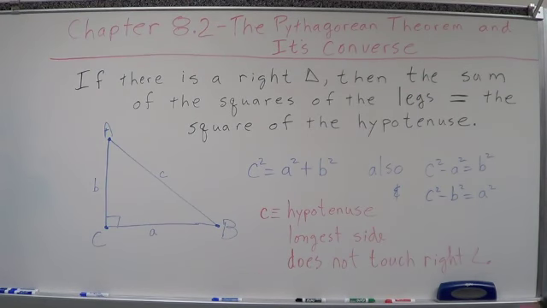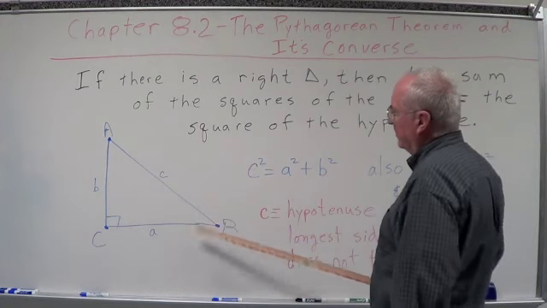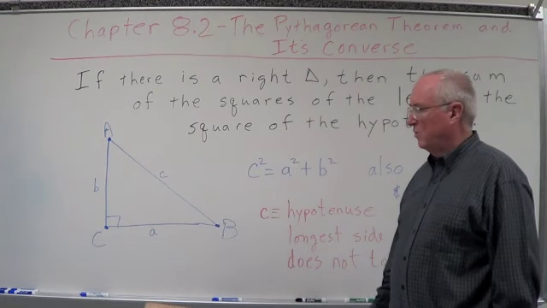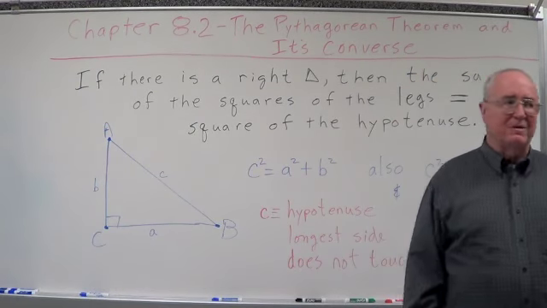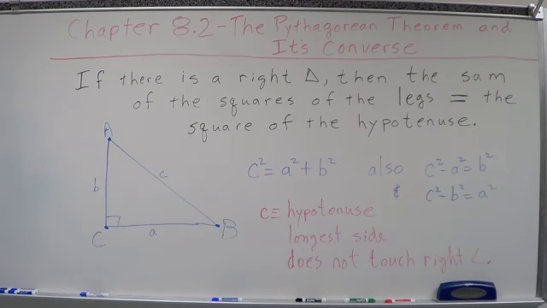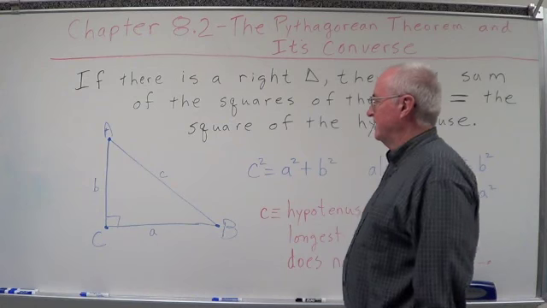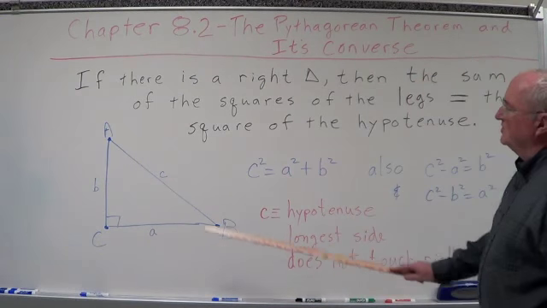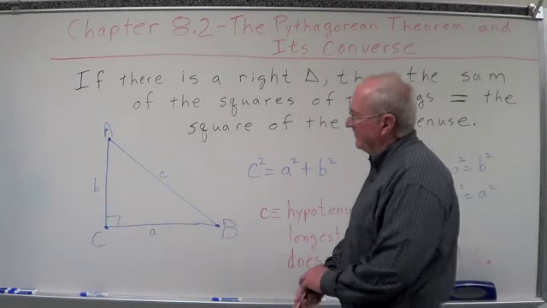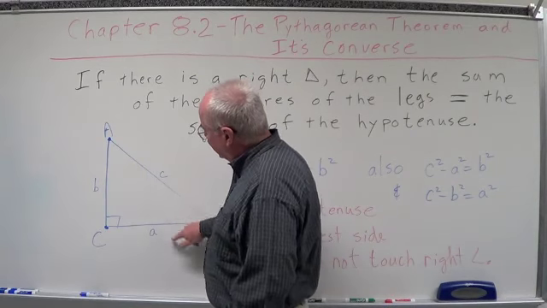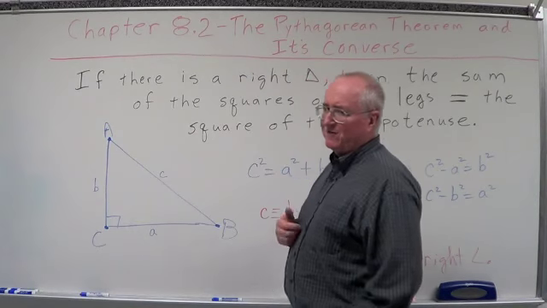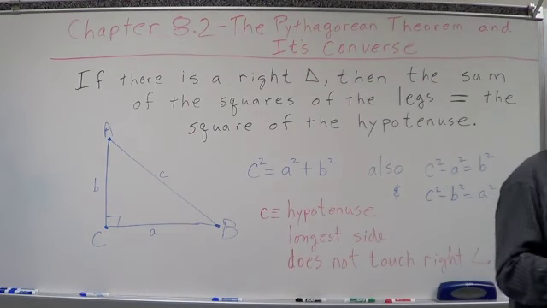Now, does it matter where we put point A and point B? No. I just don't want them to be the right angle right now. I want them to be the other corners for what we're going to be doing. If you start mixing this up and putting capital letters for everything, all of a sudden you're not going to know what you're talking about.